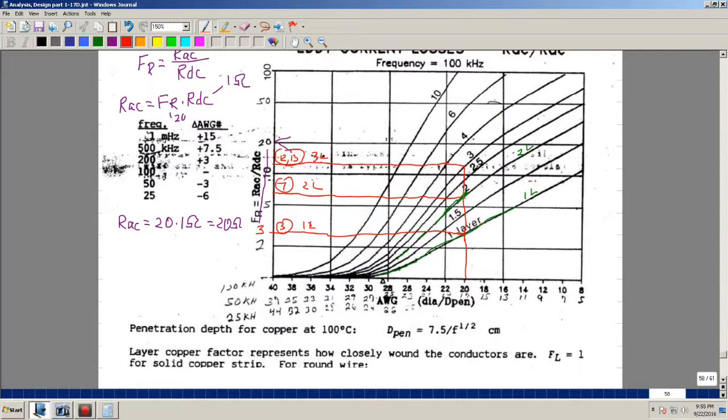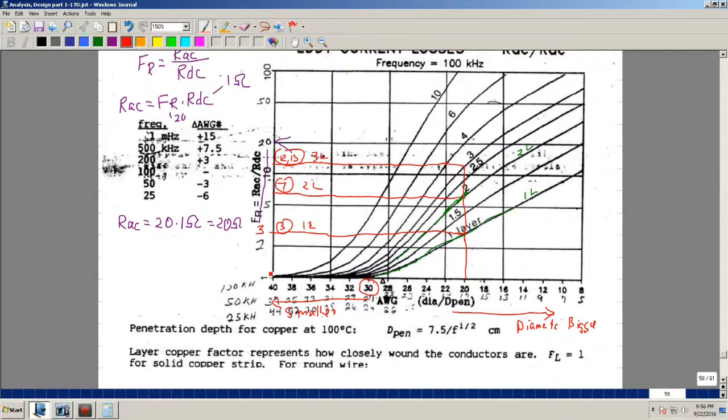If you notice, as you go up, the diameters are bigger in that direction. So if you go in this direction, select an AWG that is large, which really means it's a smaller diameter, then you're operating in this level. Let's say I was to use a 30 gauge.